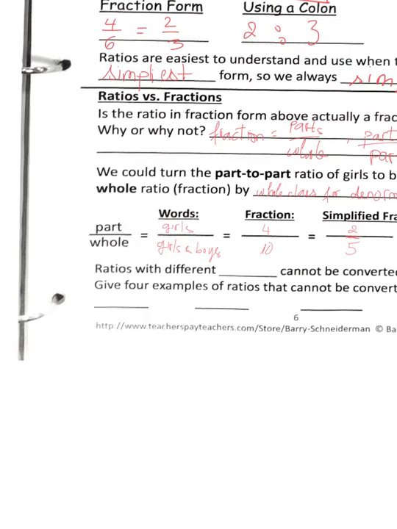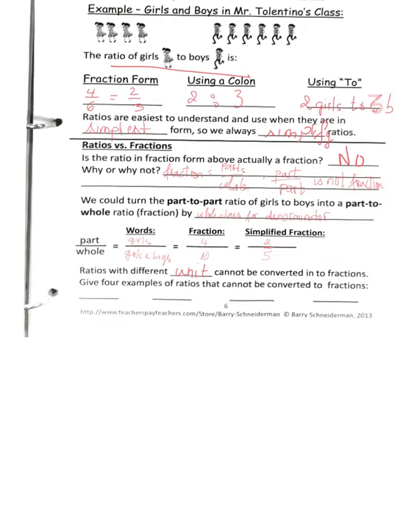Ratios with different units cannot be converted into a fraction. Give an example of a ratio that cannot be converted into a fraction. I don't know why I crossed it out. Alright, we'll have to continue then.